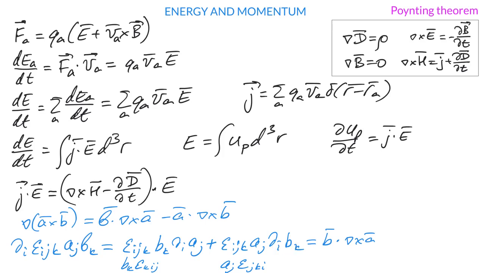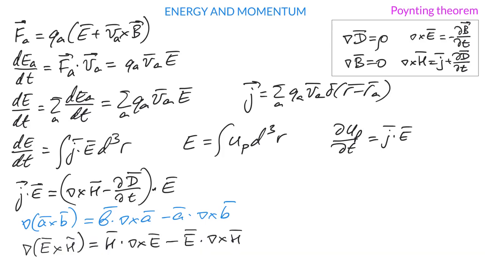There's d_i b_k, and here's epsilon_jki. So that gives us a minus sign, minus a dotted with curl b, and this is the expression that I have here. So that was the proof, and now I use it for A equal E and B equal H.